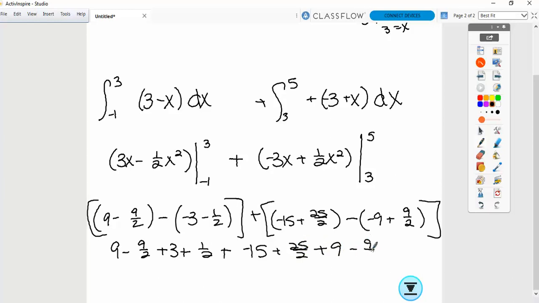Although my study guide questions aren't always nice. I try to make my test questions nice, but I don't always put a lot of effort into making pretty problems on here. So we would get 18 minus 9 is 9 plus 13.